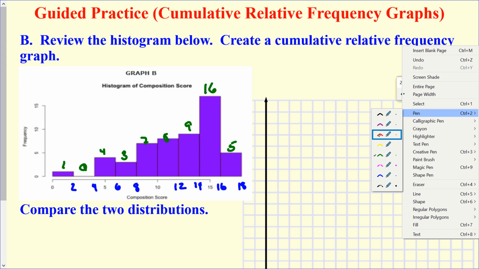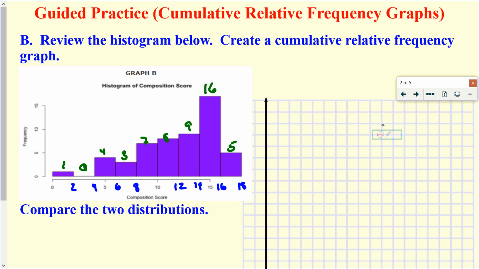Now we need to go ahead and calculate their relative frequencies. So we need to know the total. So 1, 4, 3, 7, 8, 15, 23, 32, 37, 47, 53.